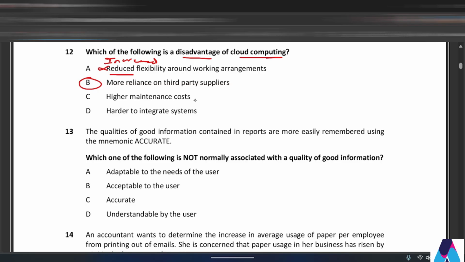It's going to be the supplier who's going to do the maintenance. So the supplier has to bear the maintenance cost. You don't have to, right? So that's wrong. Harder to integrate systems. It's wrong, because cloud computing is actually designed to be easily integrated. Okay, so therefore part number B is correct.